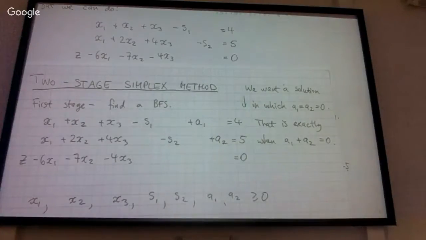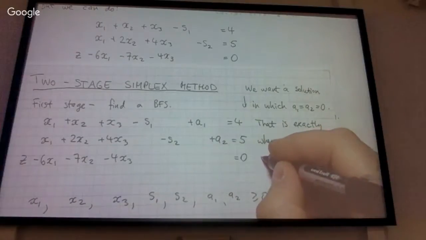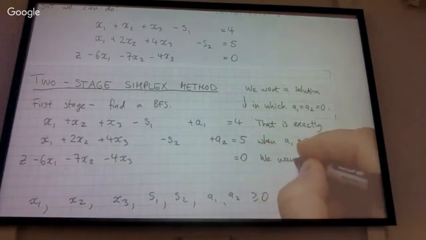And so the question is, can I find some values for these x's and s's in such a way that I would get both A1 and A2, so the sum A1 plus A2, to be 0? If I want the answer to this question, I can ask linear programming, can't I?